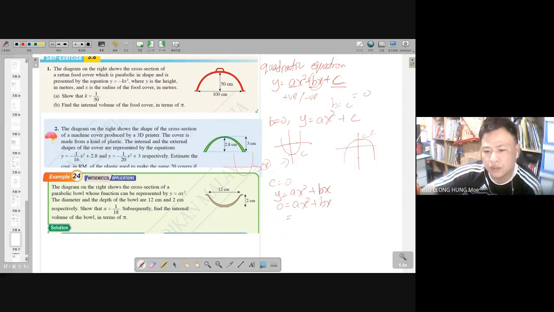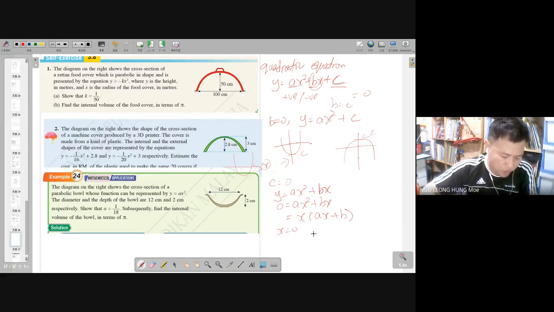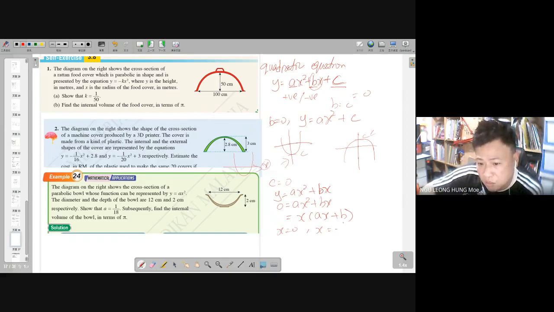So if we factorize x, this one will be x(ax plus b). So one of the intersect points, one of the solutions, one of the values of x must be 0, right? Then another one will be x equal to negative b over a. So far, understand or not? If yes, reply me 3. If not, reply me 4.